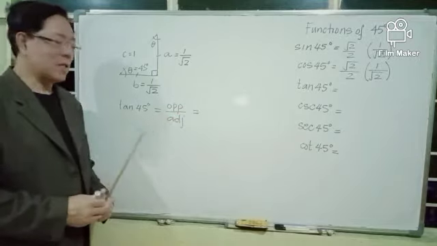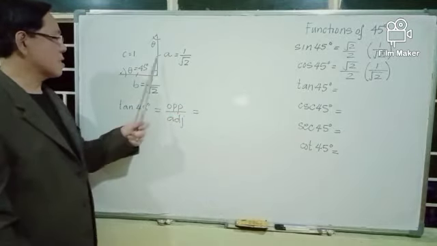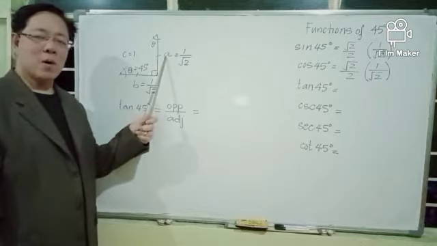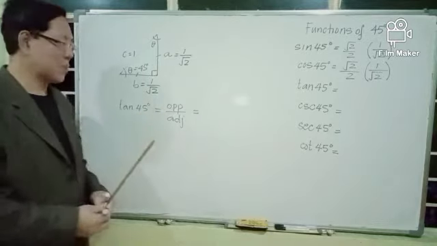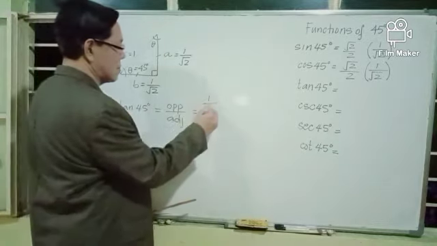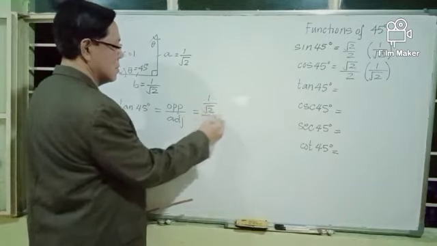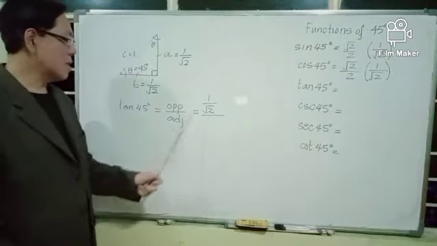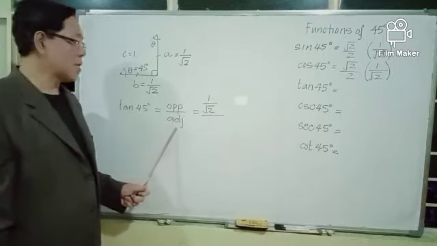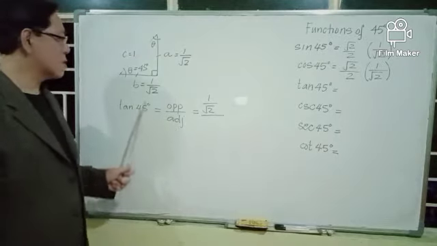And the side opposite 45 degrees is A, whose value or length is 1 over square root of 2. Divide by the length of the side adjacent to 45 degrees.